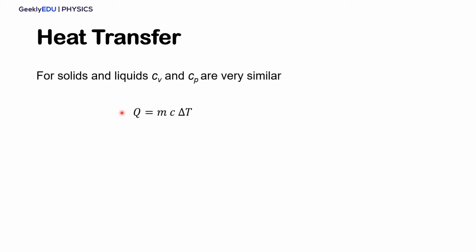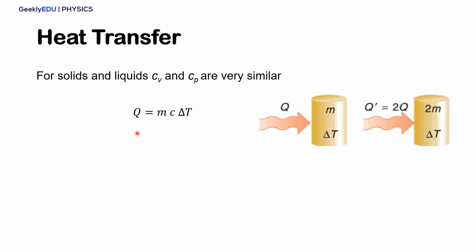So we know that the heat transferred is equal to the mass of an object times its specific heat times the difference in temperature between the initial state and the final state. Taking a look at this formula, we can notice that if we double the mass, we're also doubling the amount of heat transfer.